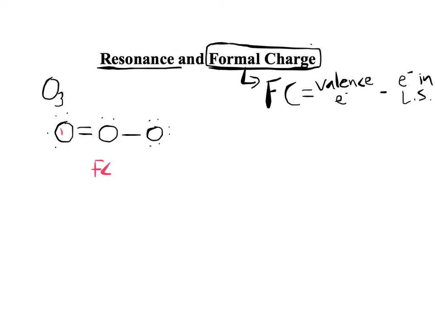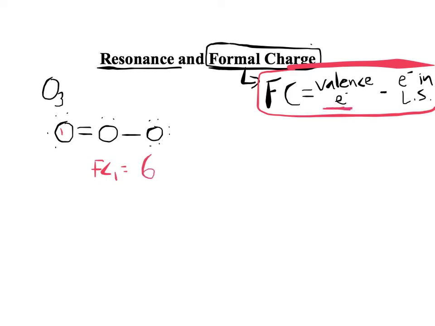We can calculate the formal charge on this atom according to the formula that we developed over here. So the formal charge on this atom is going to be the number of valence electrons in that atom minus the electrons in the Lewis structure. Oxygen is in group 6A, which means it will have 6 valence electrons. Notice, when I say valence electrons here, that's not how many electrons are in the structure. That's how many valence electrons would be in one neutral atom of oxygen, minus how many electrons are around this atom in the Lewis structure.